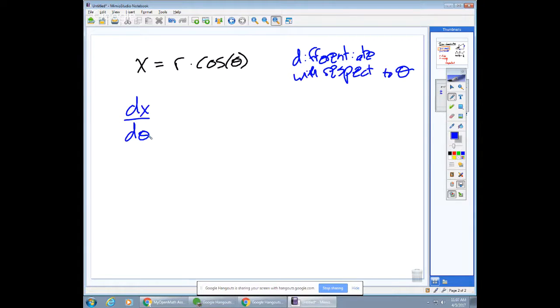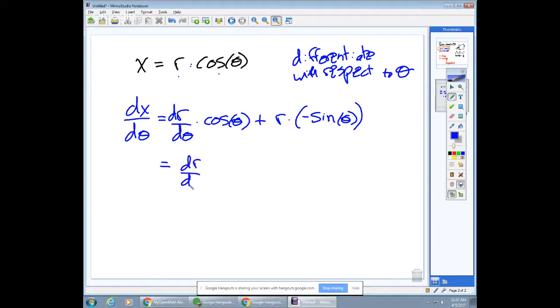On the other side, r is considered to be a function of theta, and obviously cosine is a function of theta, so we have the product rule acting there. The product rule on that side says, let's take the derivative of r with respect to theta, leaving the other function alone for a moment, and then add that to r times the derivative of the cosine of theta, which is negative sine. Cleaning that up a little bit, we get dx/d theta is dr/d theta times cosine of theta minus r sine of theta.